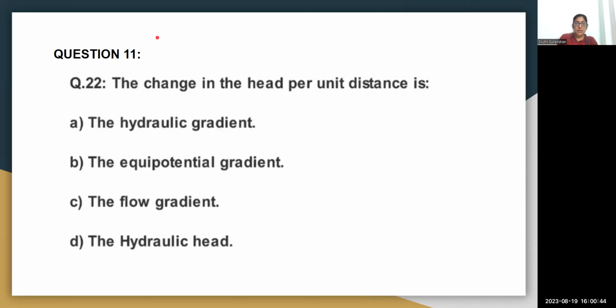In this question, what is the change in the head per unit distance called? Is it called the hydraulic gradient, equipotential gradient, flow gradient, or hydraulic head?